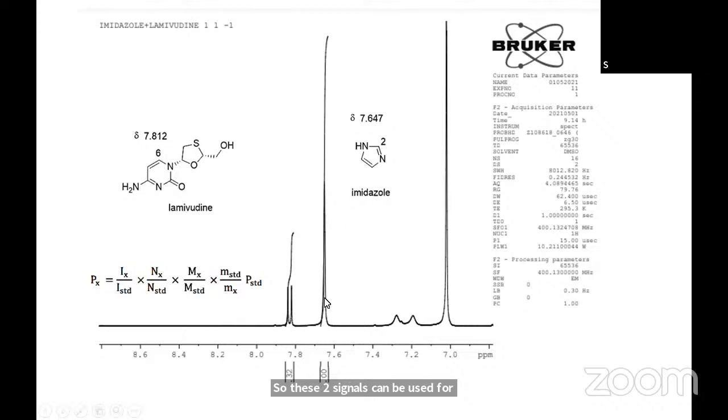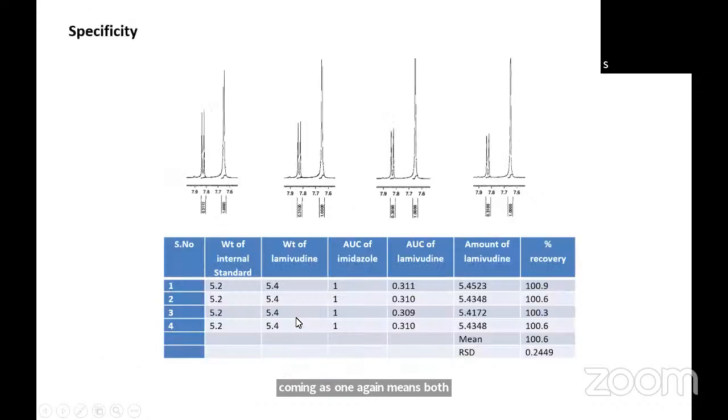So this proton signal at 7.61 approximately is actually representing imidazole. Okay. Let us say if you had taken 1 mole of imidazole, and if the area under curve is kept at 1, okay, and if for this doublet area under curve, if it is coming as 1 again, means both these signals are having same area under curve.